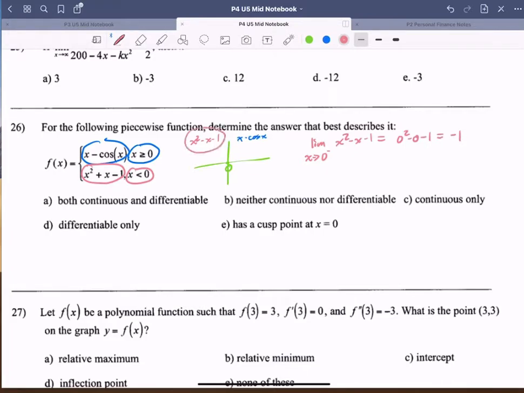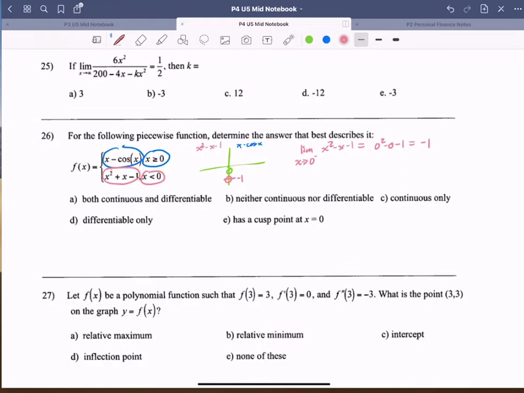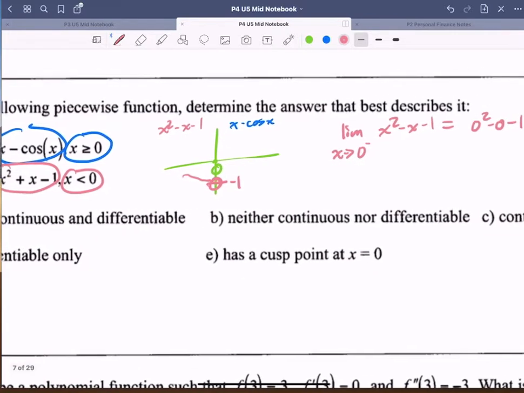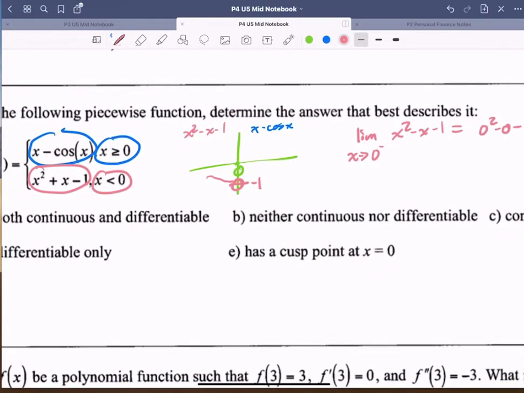So this rule is approaching negative 1. Whatever the line looks like on the left side, it's going to end right here at negative 1, and we're not actually allowed to plug in 0 to that, so we leave an open dot.